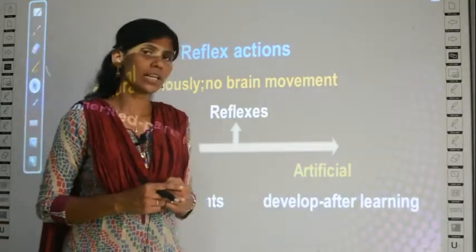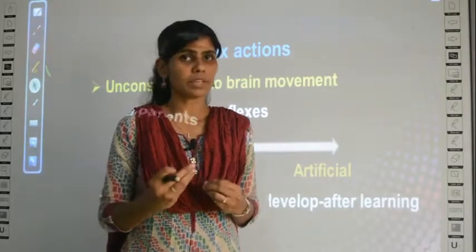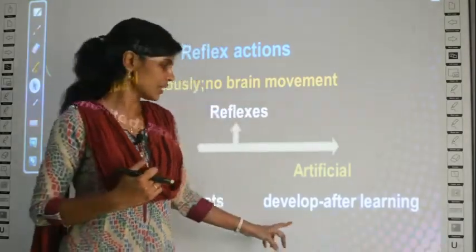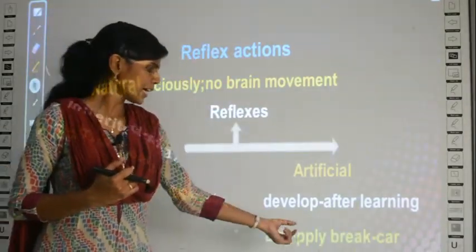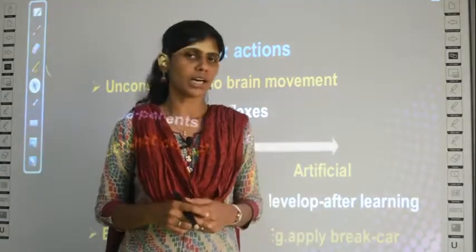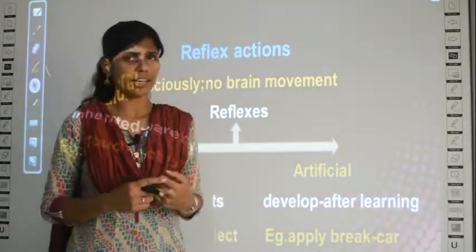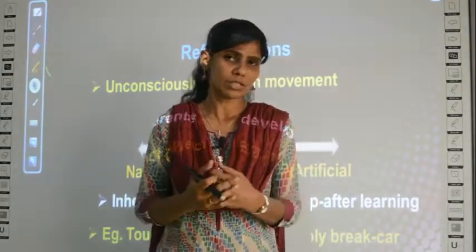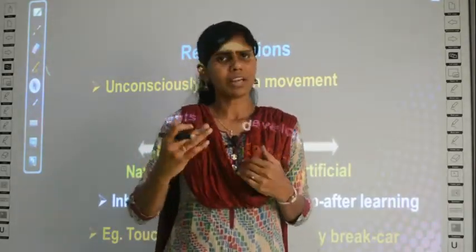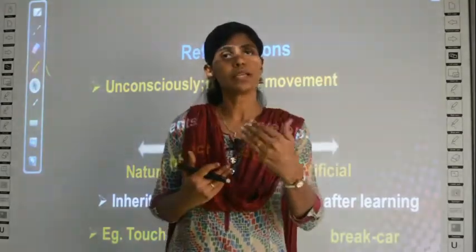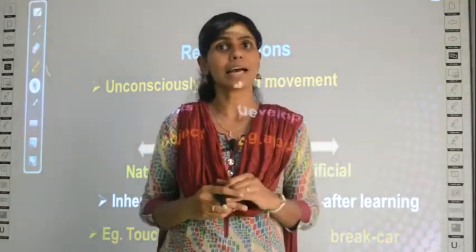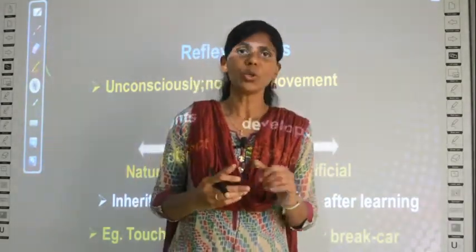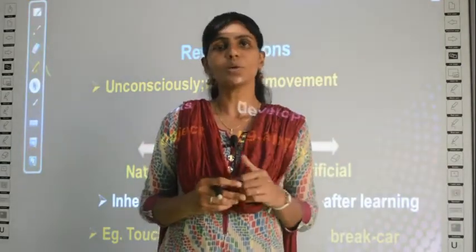What is artificial reflex? You do something after you learn something. Say for example, applying the brake in a car. When a person learns driving and after he is experienced to some extent, whenever he senses that some vehicle is very close to him, automatically his hand will be tempted to hold the brake or to slow down the vehicle.